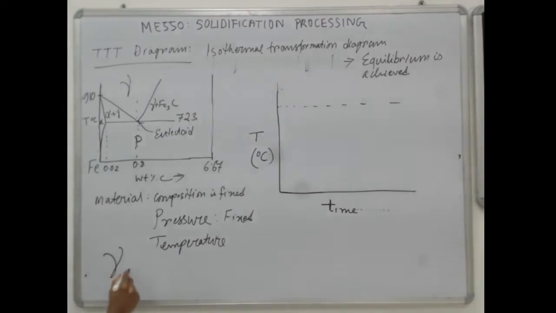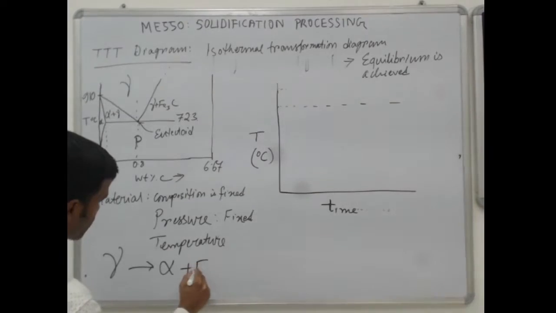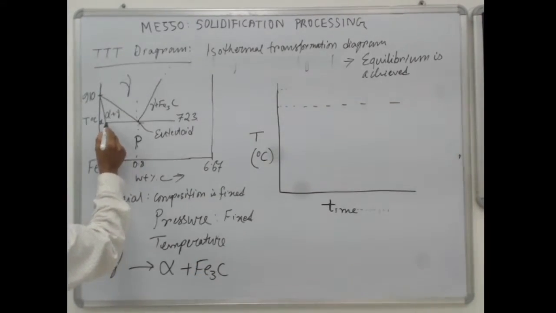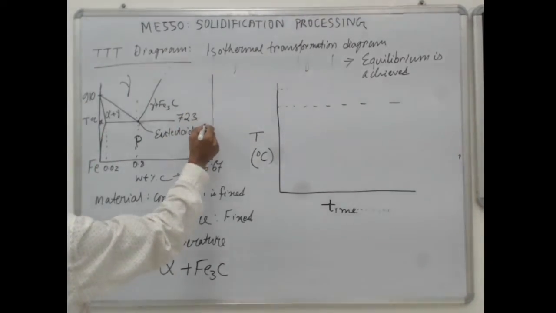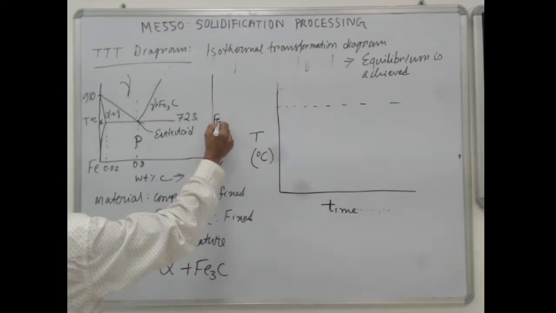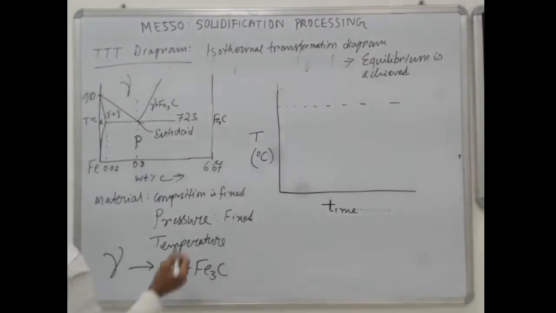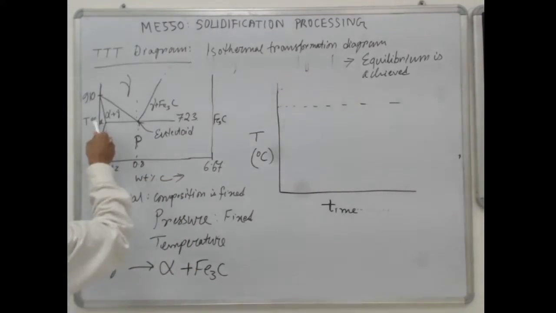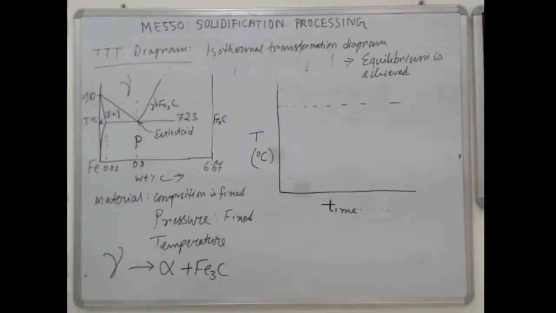Perlite is what? Alpha plus Fe3C. If you come here, it is touching the alpha boundary, and on that side it will be touching the Fe3C boundary. Perlite is a lamellar structure of alpha ferrite and cementite.